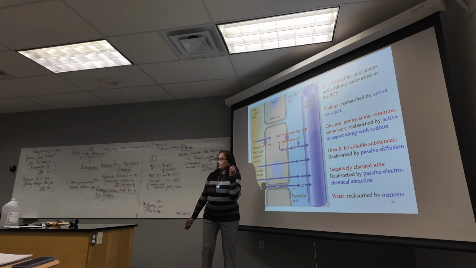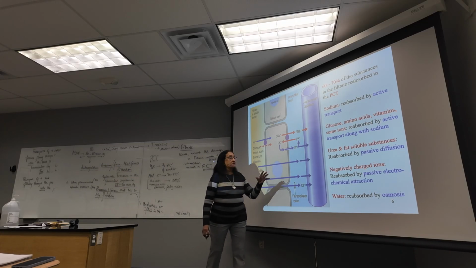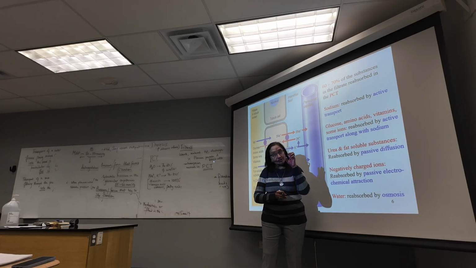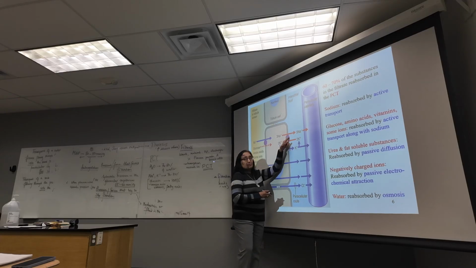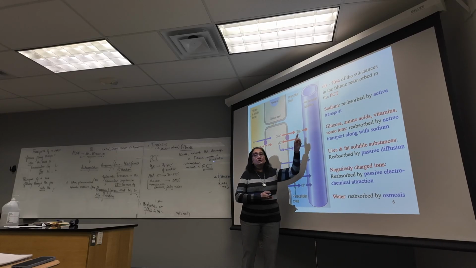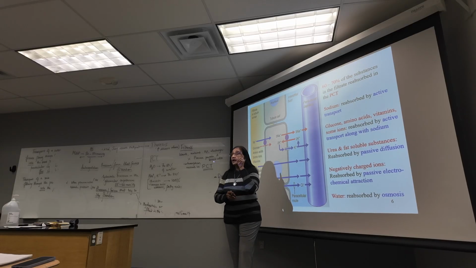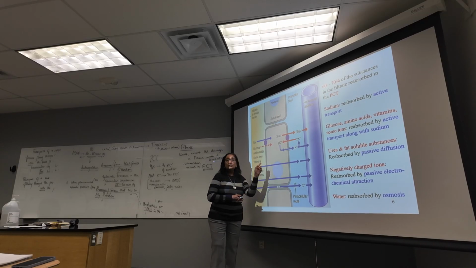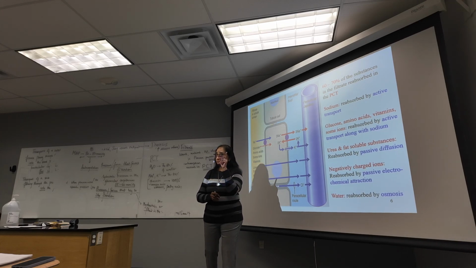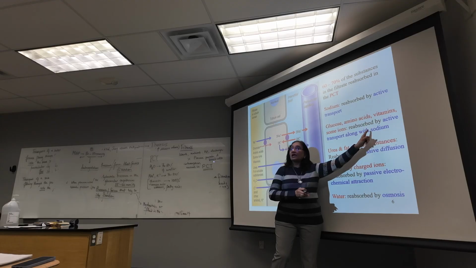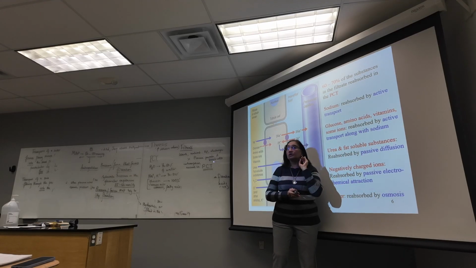The process of reabsorption, the transport process. Sodium is reabsorbed by active transport because you have the sodium potassium pump. So it's going to pull the sodium into the capillaries. Along with sodium, these organic molecules will hitch a ride. This is called secondary active transport, or active transport along with sodium.